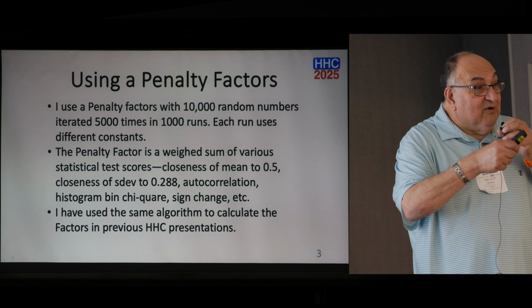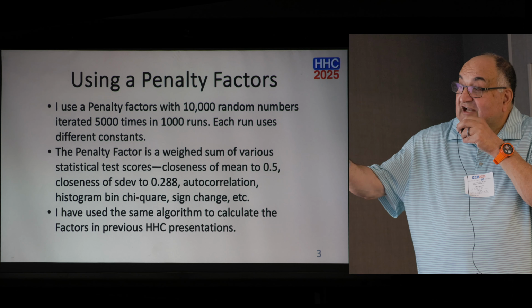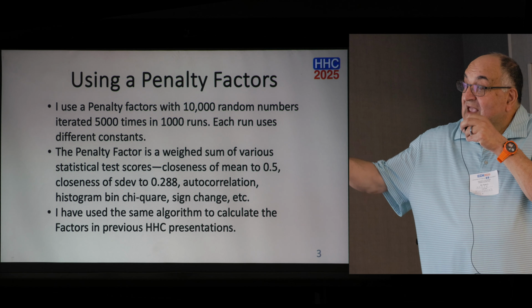So I take the difference and then I multiply by a penalty weight. And how close is the standard deviation to 2.88? What about the correlation, histogram, chi-square, sign changes, and so on. So I calculate all these, and each one has a weight, and I add up, and I get a penalty factor. Of course, the lower the penalty factor, the better. So that's the way you get the quality.